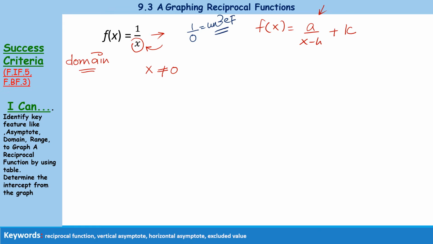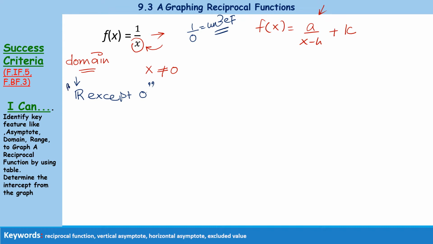So you have to write the domain as all real numbers except 0. Except 0, all the other values will give you an answer. This you have written in verbal form.